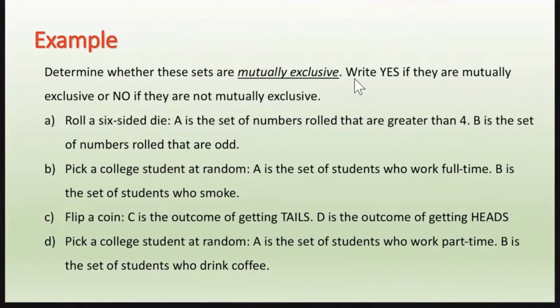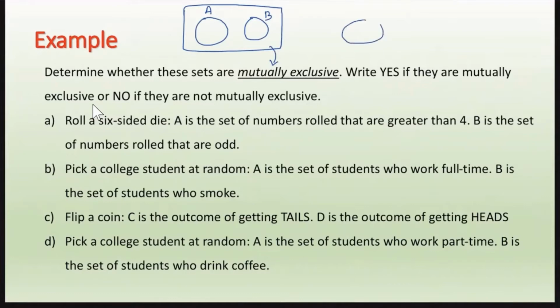When we say mutually exclusive, the meaning is that we are looking at disjoint sets, where there is nothing in common. Write yes if they are mutually exclusive. So if you have event A like this and event B like this, and they are not joined, they do not share anything in common. This is mutually exclusive.